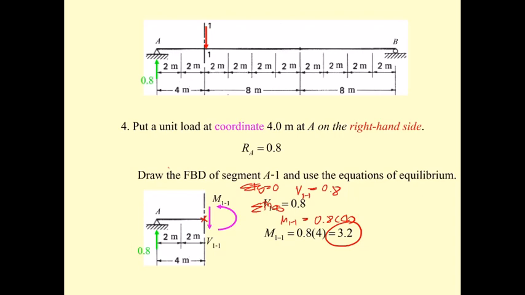Previous slide we get V1-1 of minus 0.2, and this one we have 0.8. Or if you said, previously when here is 0.2, and when it's moved here this is 0.8. So the total of force here is 1.0.